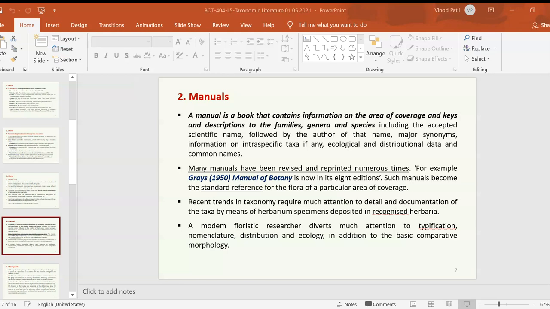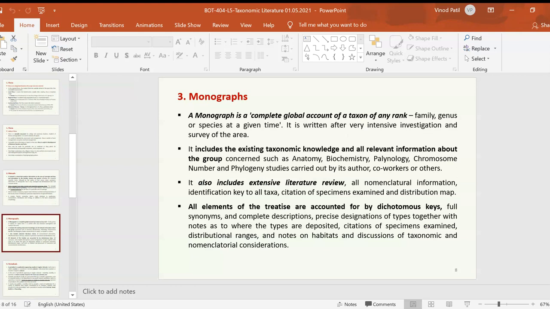Modern floristic researchers divert much attention to the typification, which we have seen yesterday, nomenclature, distribution, and ecology, in addition to the basic comparative morphology. So here comparative morphology is added to the manuals in addition to other description which is available in the floras.